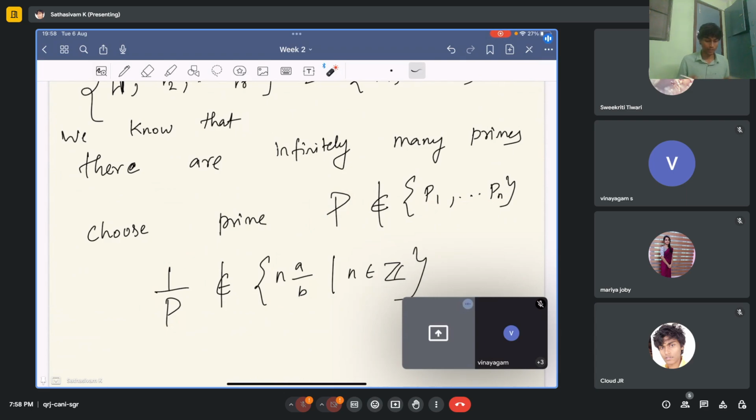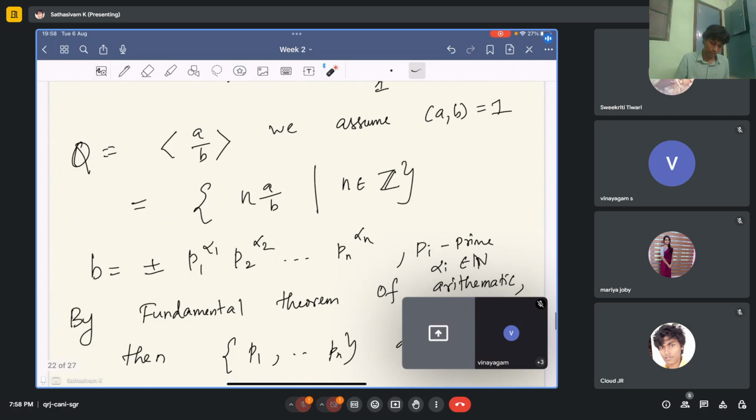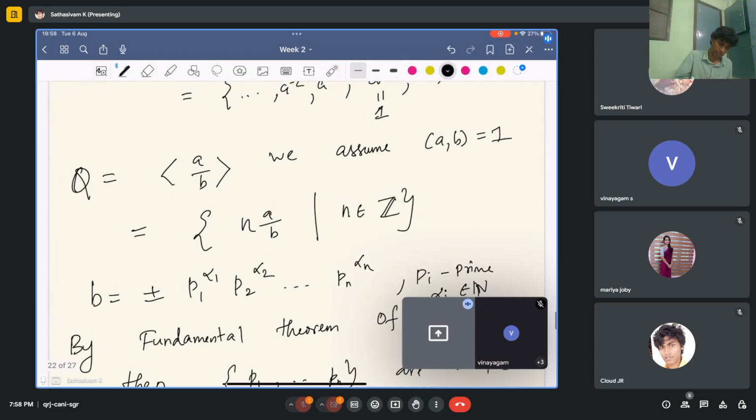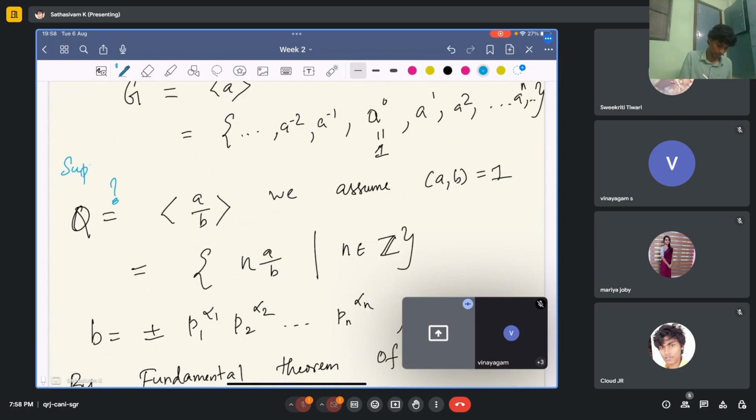So basically what we did is we found an element which is in Q, but it is not inside any cyclic subgroup generated by any element.